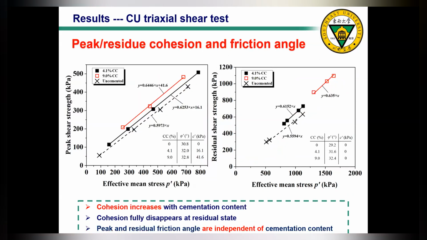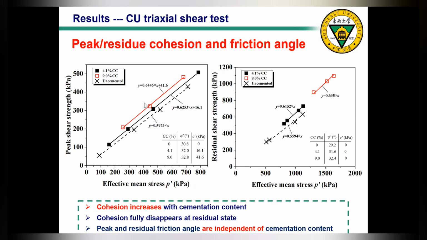Then from the CU triaxial shear test, we also use Mohr-Coulomb theory to get the peak and the residual cohesion and friction angle. The left-hand side graph shows the peak state, and the right-hand side picture shows the residual state.